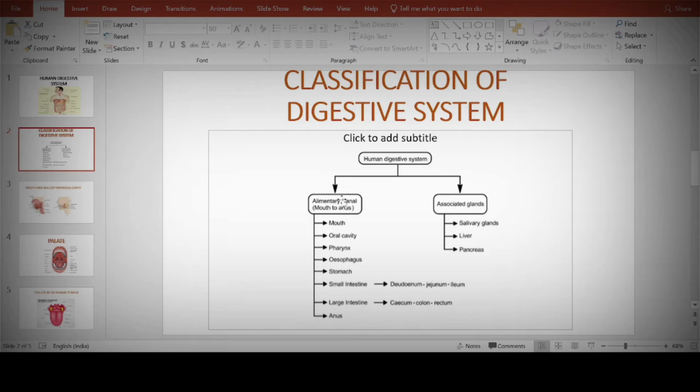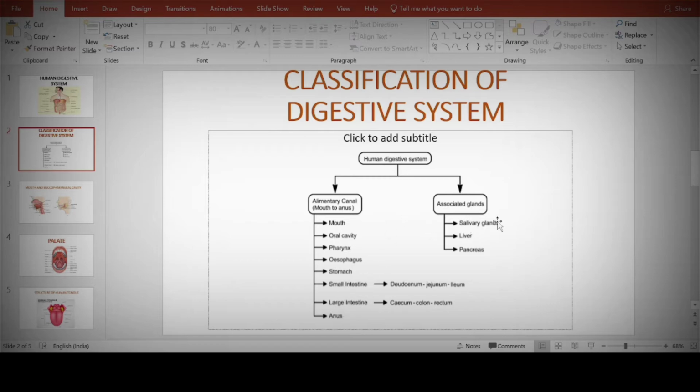In the alimentary canal we have all the structures that start from the mouth and terminate at the anus, as we have already discussed: mouth, oral cavity, pharynx, oesophagus, stomach, small intestine, large intestine and anus.